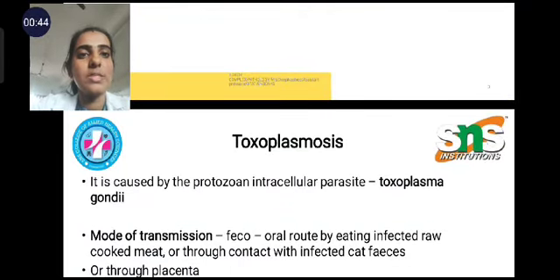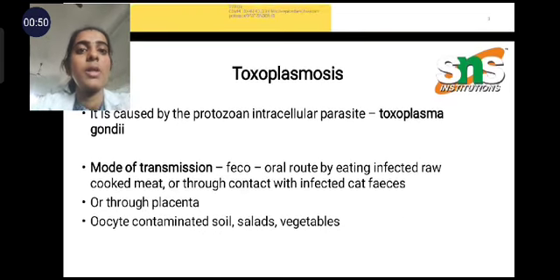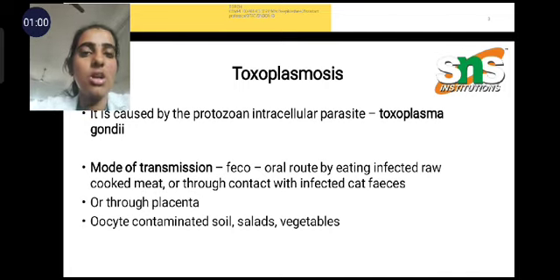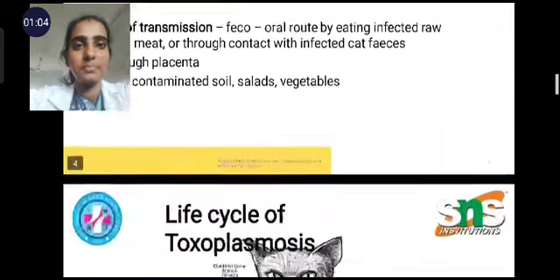So toxoplasmosis is caused by the protozoan intracellular parasite Toxoplasma gondii. Mode of transmission: fecal-oral route by eating infected raw or undercooked meat, or through contact with infected cat feces, or through placenta, oocysts, contaminated soil, salads, vegetables.